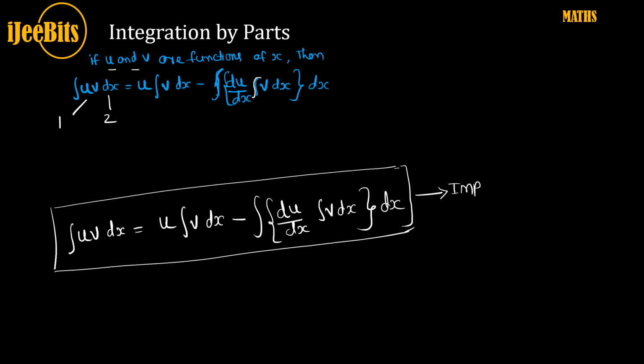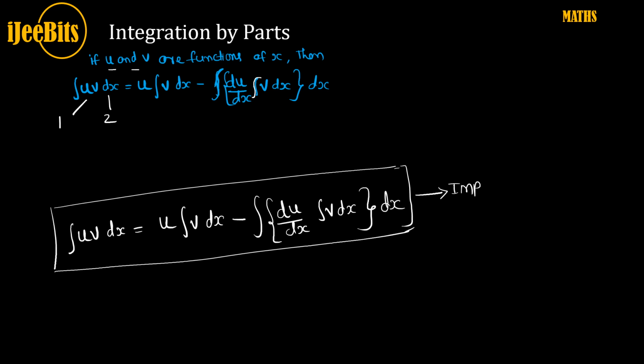But how do you choose which one is the first function and which one would be the second function? If you look at the given problem statement, at any given point of time, one of the functions given is not directly integrable.